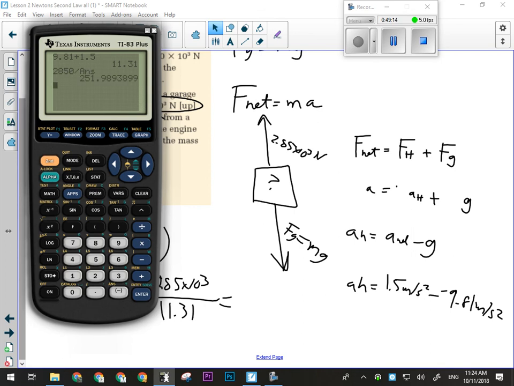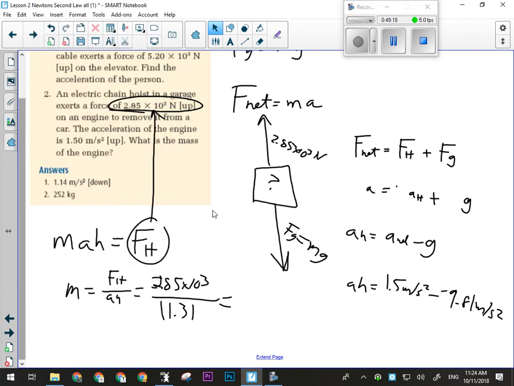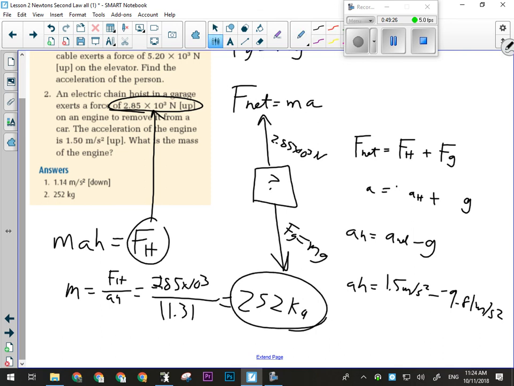So the mass of the engine is 2.5 times 10 to the 2, right? We only have 2 significant, no, we have 3. So 252 kilograms, which is 580 some pounds. Heavy.